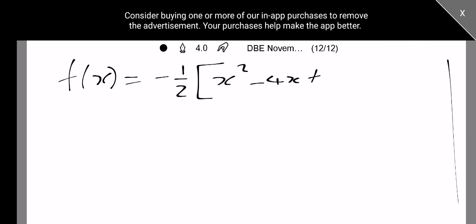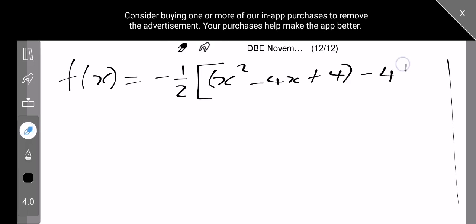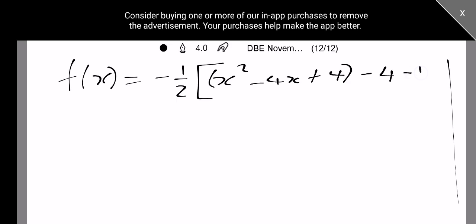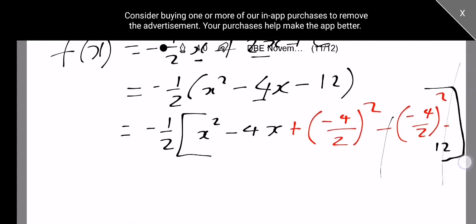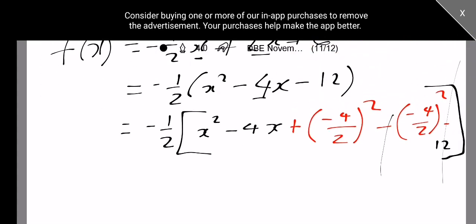So it is plus 4. This one is very important in this context. Then minus the other 4, then minus 12. I'm sure I didn't make a mistake. Let's just check to confirm. Yes.